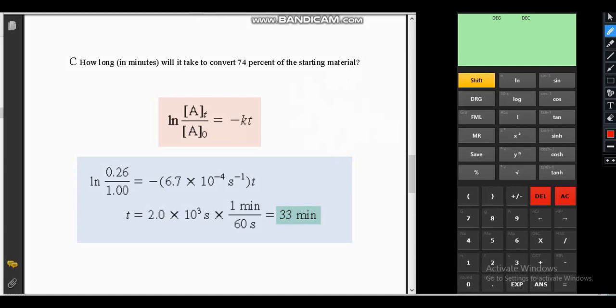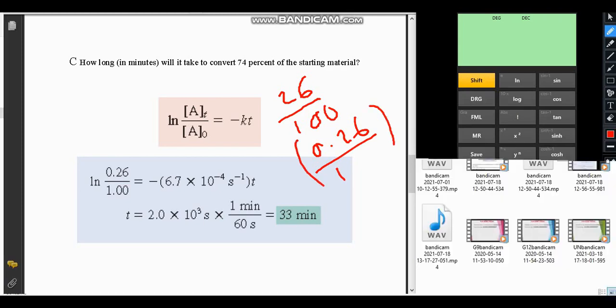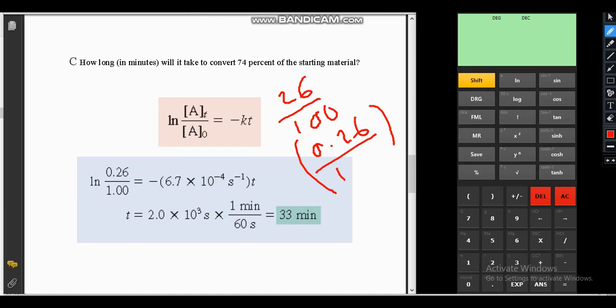So we'll have 26% divided by 100%, that is in terms of concentration. Now, if you reduce this further, it is the same as 0.26 divided by 1. So the 0.26 divided by 1 will now be the ratio that will be used in our calculation.